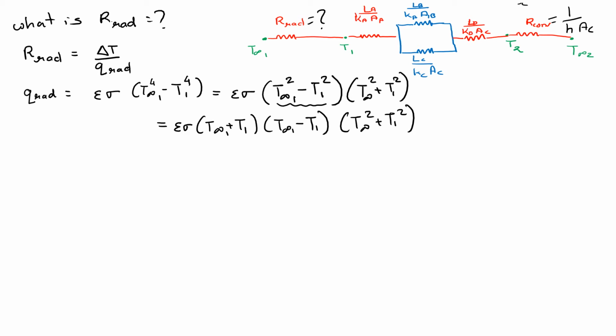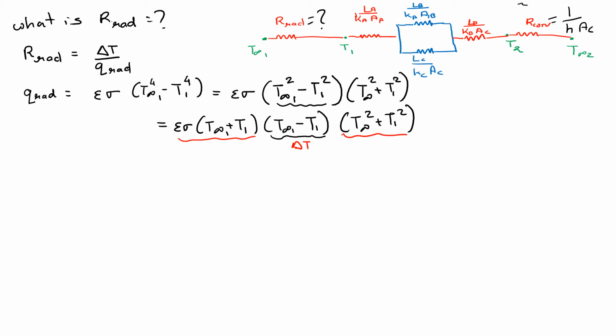So this right here is our delta T, and we'll define a radiative heat transfer coefficient, that's the heat transfer coefficient due to radiation, using the remaining terms.